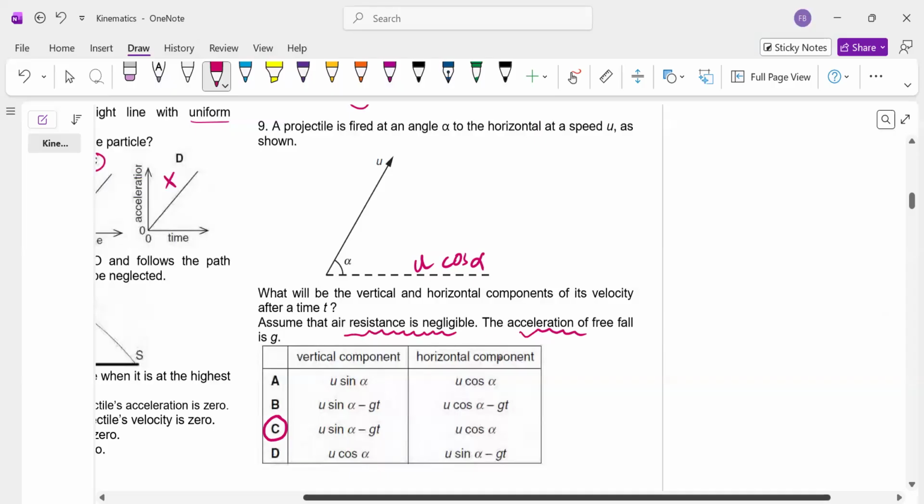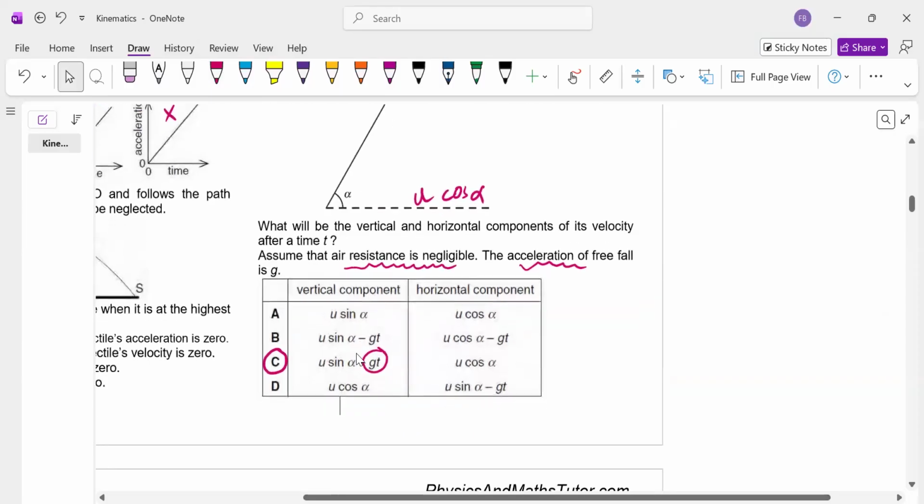There is no air resistance, so you will subtract the gravitational acceleration and time from it. And if they say that air resistance is not negligible, then what equation will you use? It's not negligible, so you will use A. Yes, it will be A in that case.